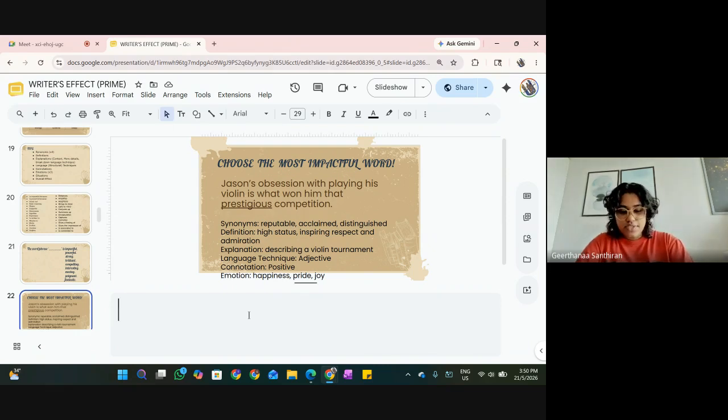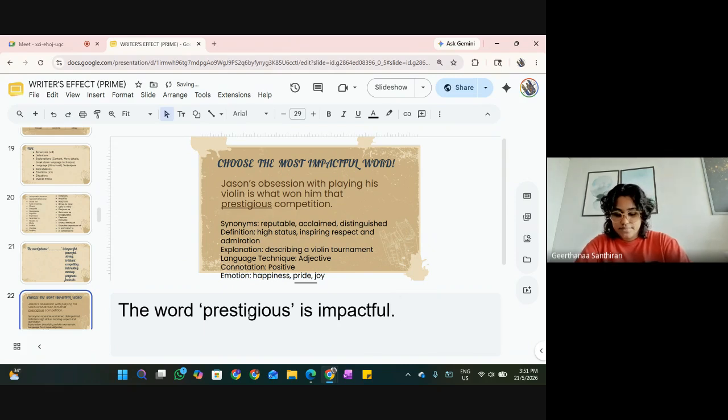So, firstly, we have to point out the cool word, the word, open and closed inverted commas, prestigious. If you want to just stop it there, you can just use an adjective, is impactful, full stop, done, 1 mark. If you want to continue on with the explanation, some students feel like it saves time, then you can continue it because, right?